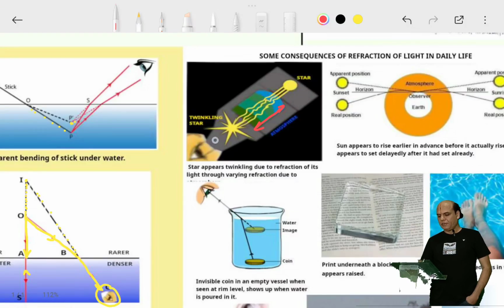So for this observer, the star appears as if it is blinking, whereas in actuality the star is not blinking, but due to refraction of its light through the atmosphere, the star appears to be twinkling.